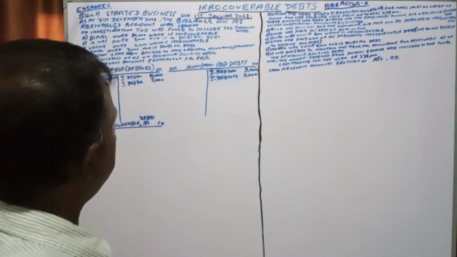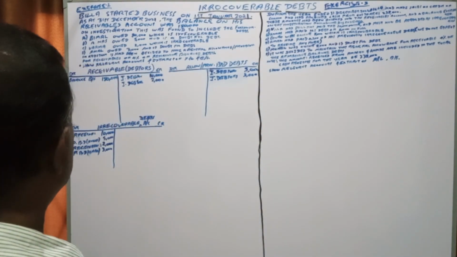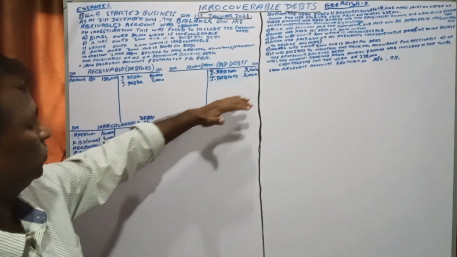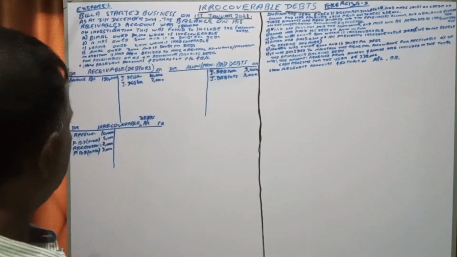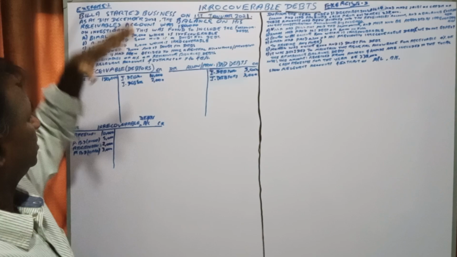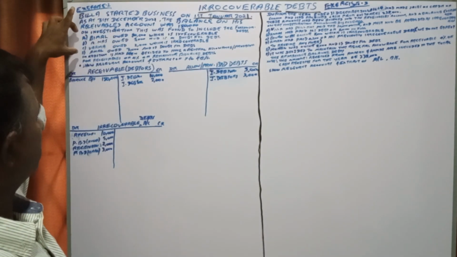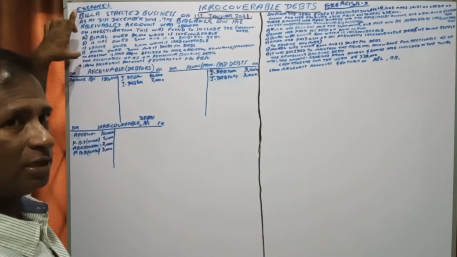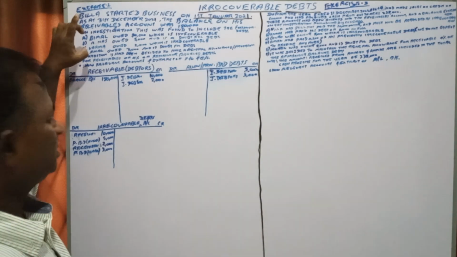Okay, 5,000 and 3,000. So we have completed the double entry for these particular identified transactions during the investigation.